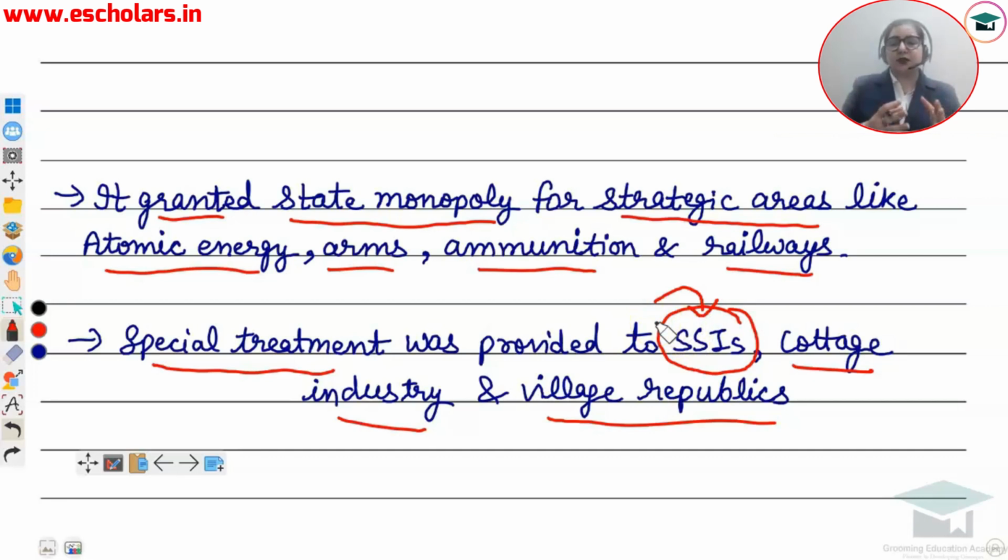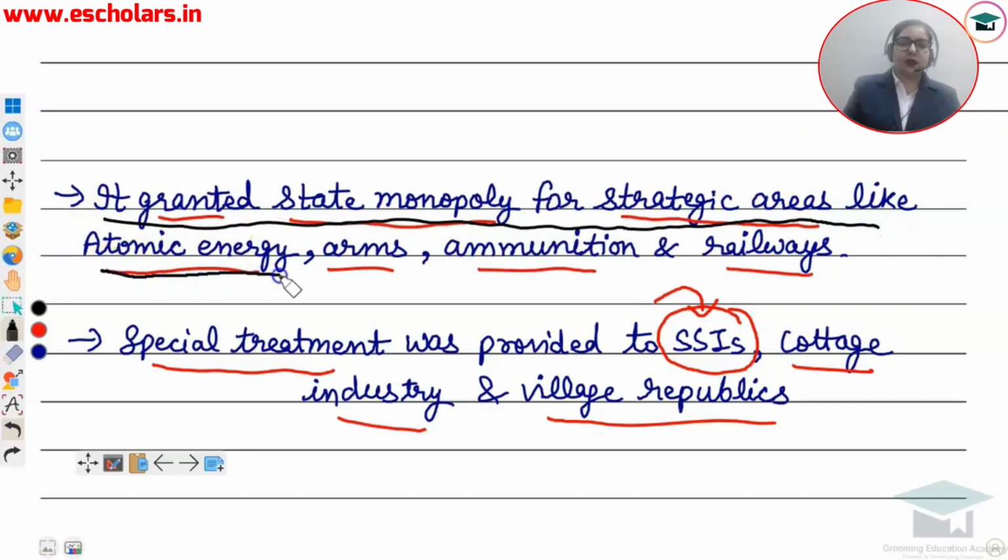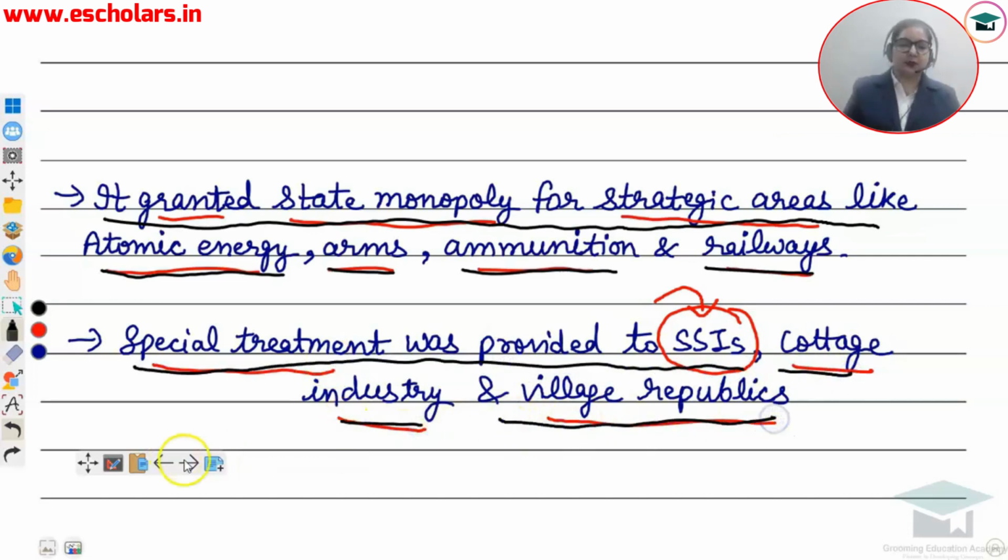Those products cannot be prepared by the large scale industries. So let's have a look. It granted state monopoly for strategic areas like atomic energy, arms, ammunition and railways. Special treatment was provided to small scale industries, cottage industry and village republic.